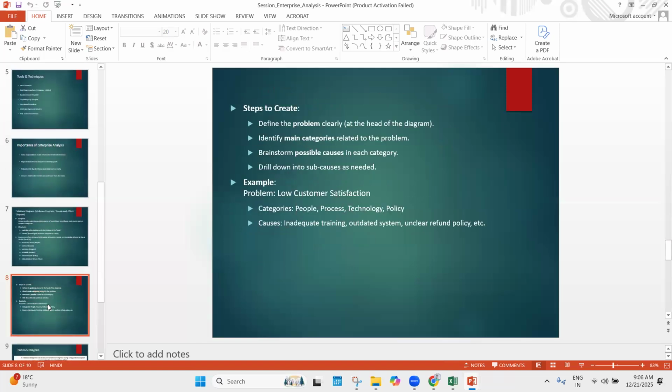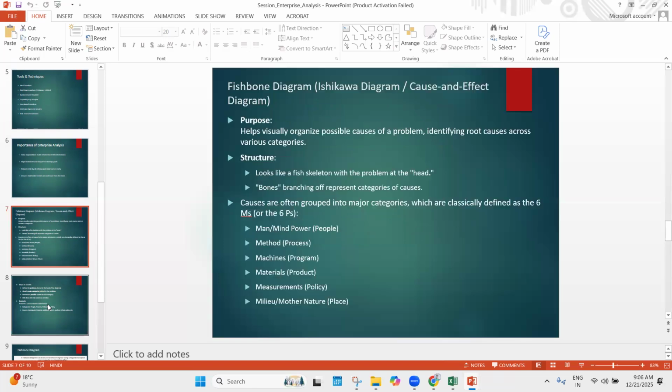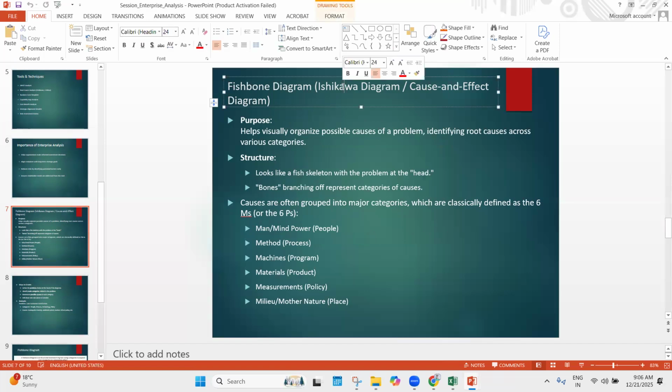And fishbone is one of the techniques that we are going to use at the enterprise level. This has been derived from the Japanese term, the Ishikawa diagram, and the purpose is that it helps us visually organize possible causes of a problem and identify the root causes.